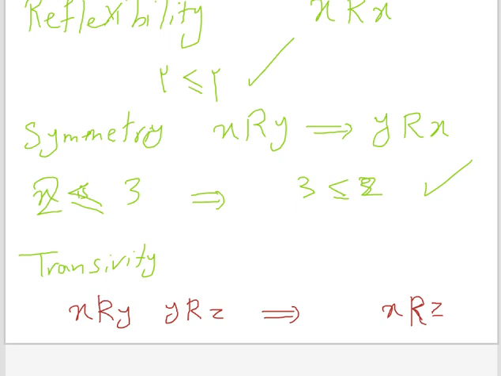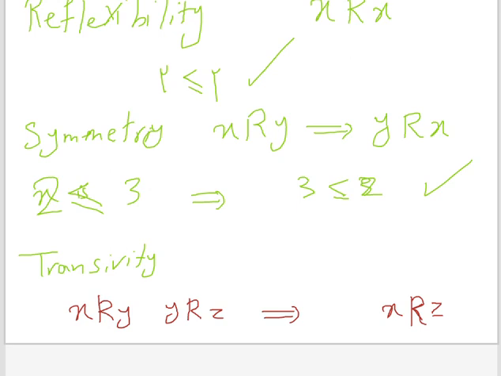This is symmetry. And transitivity. It says that if x has a relation with y, and y has a relation with z, then x has a relation with z.